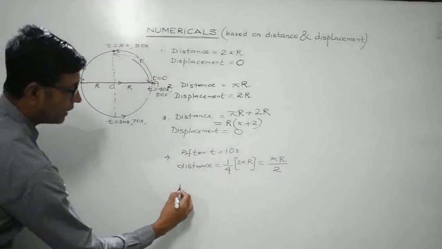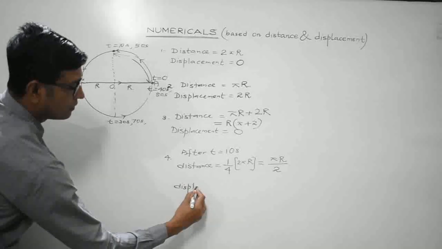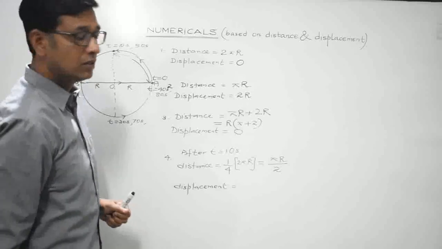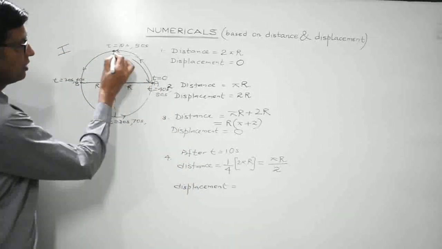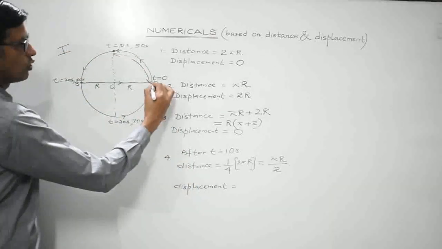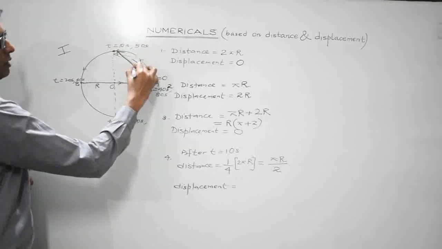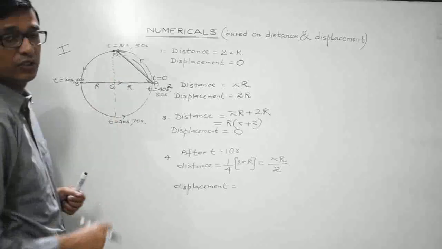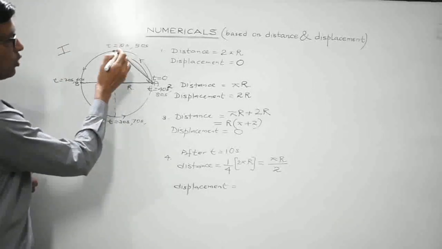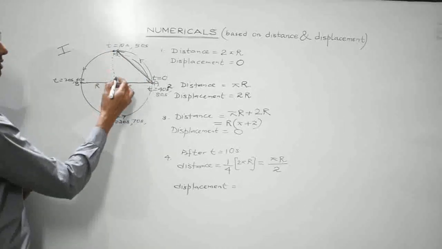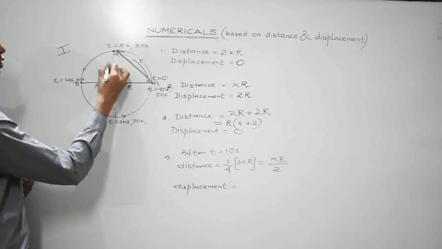Now what about the displacement after 10 seconds? Displacement would be, this is the initial position, this is the final position. So you need to draw an arrow. It's a straight line between these 2 points. The tail should coincide with the initial position, while the arrowhead should point towards the final position. Now look, it's a right angled triangle, isn't it? This is r, this is also radius.